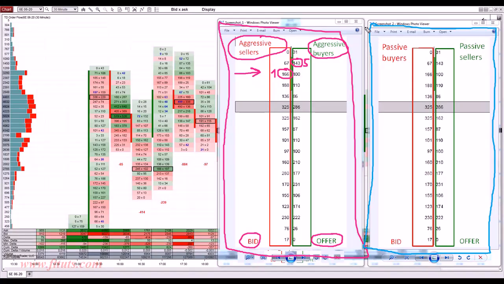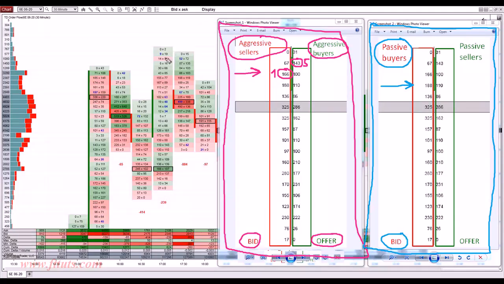So you entered with a limit order and you are passive. You are waiting until the price reaches your trading level. So if you buy with a limit order, for example, at this price level, you will show on the bid side. This is the tricky part because you are a passive buyer, and passive buyers are shown on the bid side.